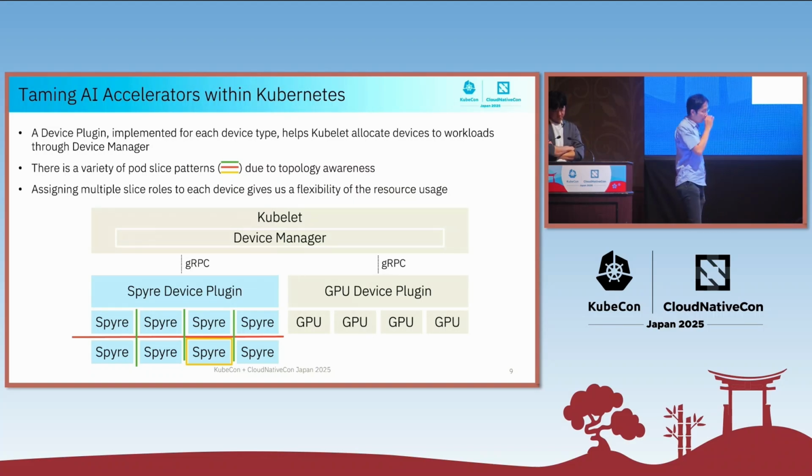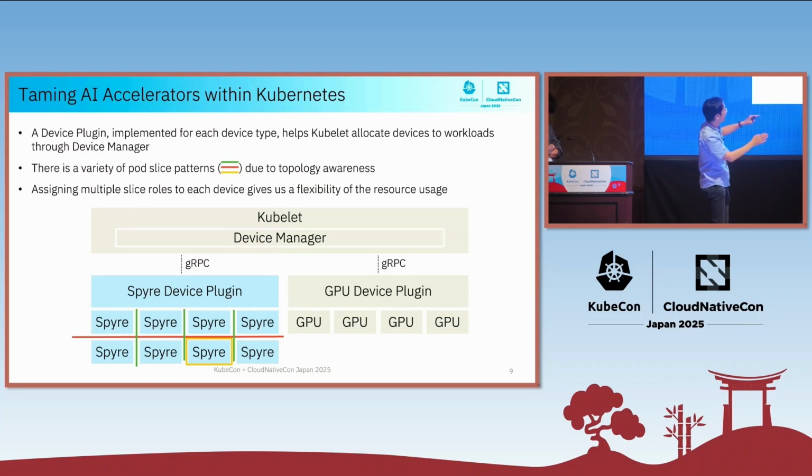And as Tatsuhiro just mentioned, we have several use patterns, and they derive several slice patterns due to topology awareness. There are many Spire devices, but they can play various roles in the workload.